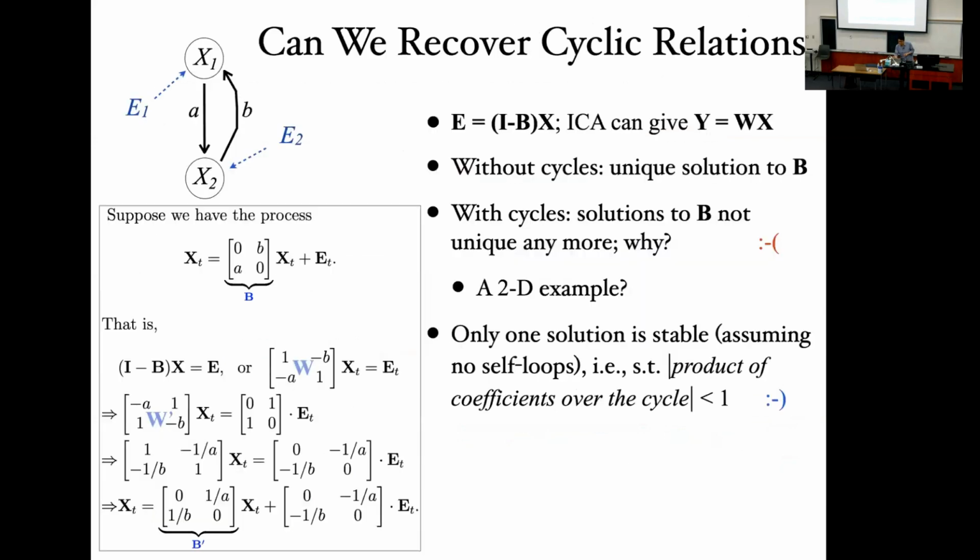Here you see examples. Okay, now we have a very simple loop. x1 to x2 back to x1 right here. And this is the causal relationship. x2 influences x1 with parameter b, and x1 influences x2 with coefficient a, right? Now, from the distribution of x1, x2, we want to recover this. Let's go the same way.